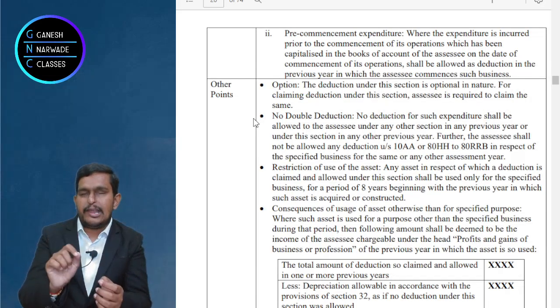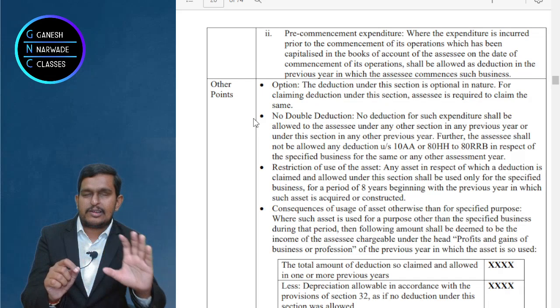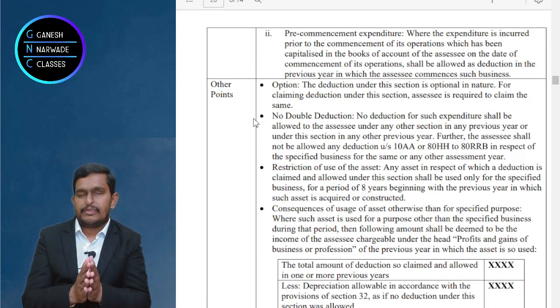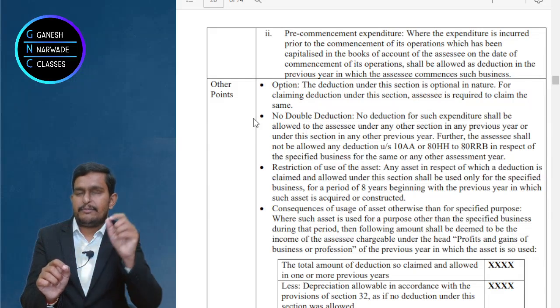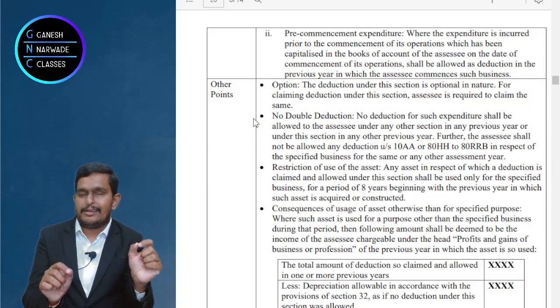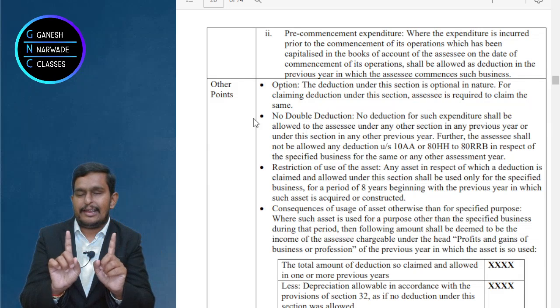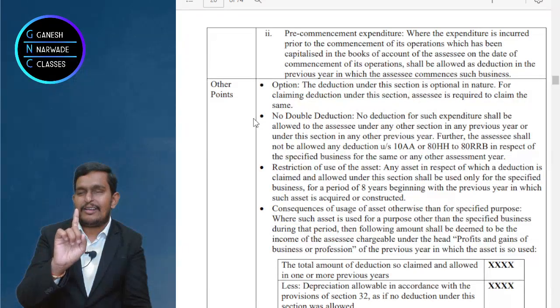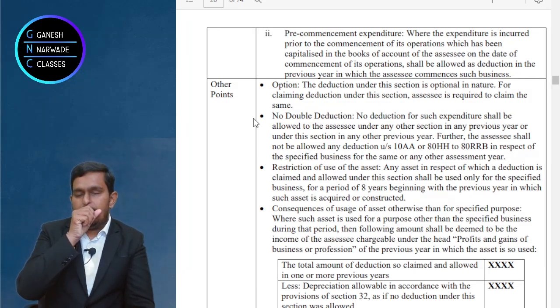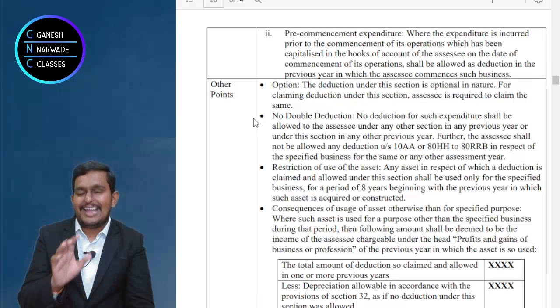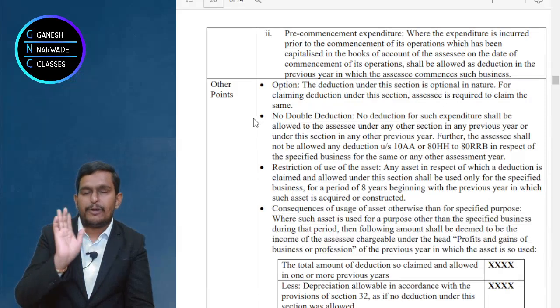Because if you claim deduction under 35 AD, you cannot claim depreciation on it. Here if you are claiming deduction, then you cannot claim depreciation under section 32, because no double deduction, right? Only single deduction for single expenditure. So it is your choice.